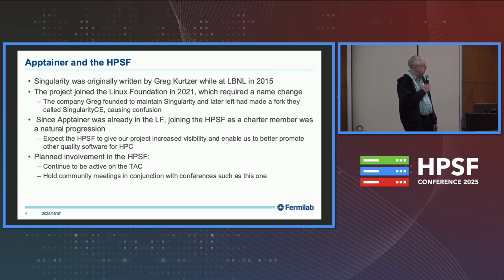That was because a company that Greg had founded to maintain Singularity, and that he then left, made a fork they called Singularity CE. Now there was all kinds of confusion: is it Singularity? Is it Singularity CE? So the Linux Foundation wanted to be able to copyright all the logos and the names, and I got to pick a new name, so that's where we came up with Apptainer.